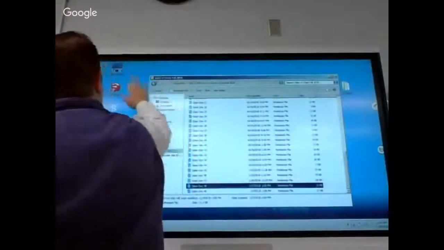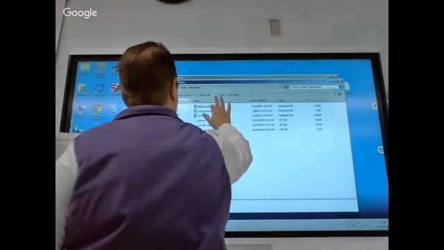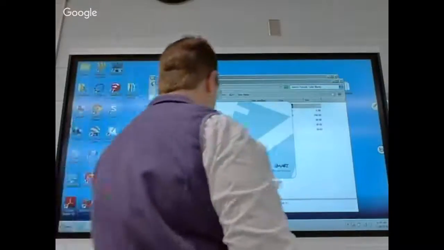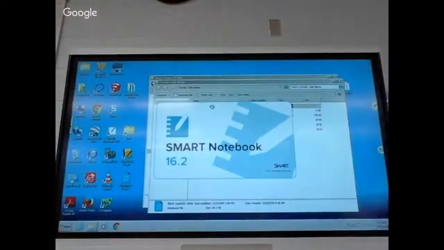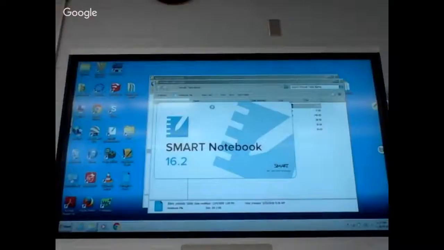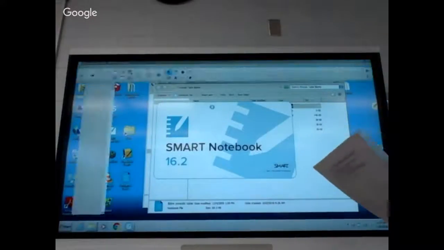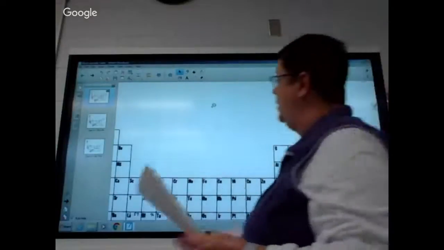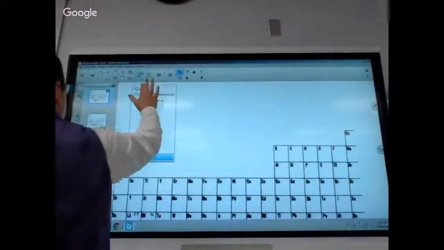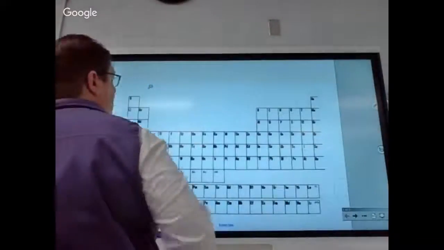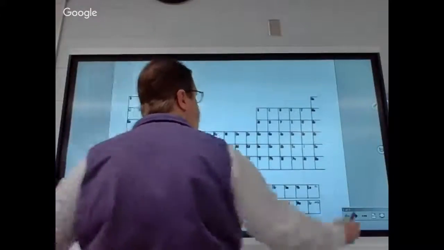All right, let me find a periodic table. Letter B. A full main energy level, second main energy level has how many electrons? 8. The key there is it says second main energy level. What does second main energy level mean?